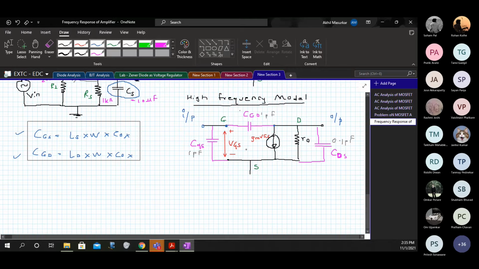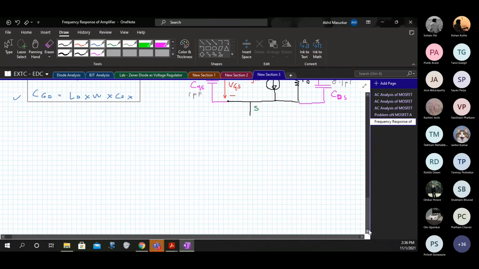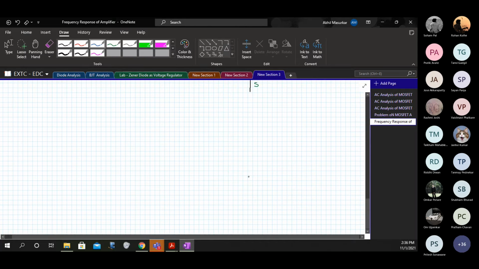CGS we can say is on the input side, CDS we can say it's on the output side, but CGD is connected between the input and the output, and to split such kind of impedance between the input and the output, we go for something called as Miller's theorem. We will go for something called as what? Miller's theorem.